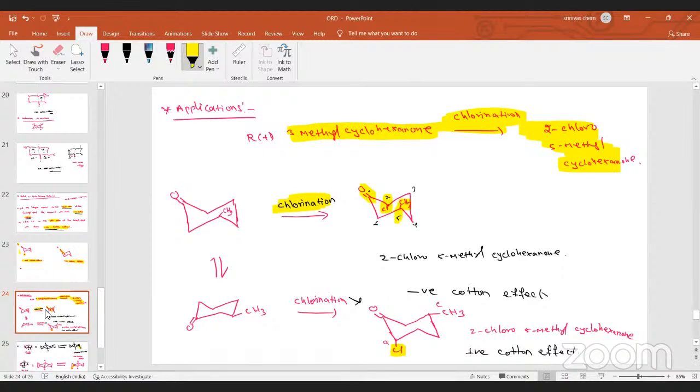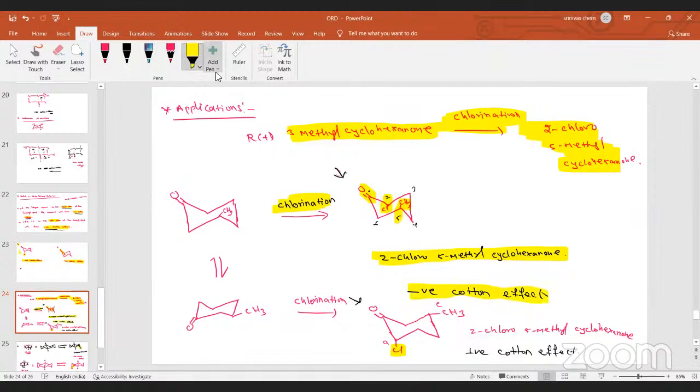In this compound, chlorine is present at the alpha position and the axial position. This axial halo group is present on the left side of the keto group, or carbonyl group, viewed from this side, so it will show a negative Cotton effect.